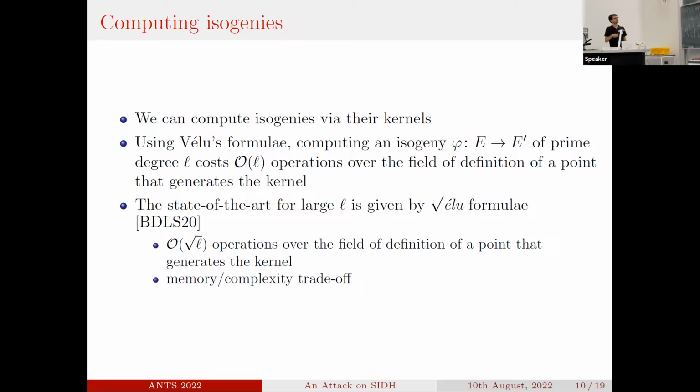But we also need to highlight that this is a memory-complexity trade-off. So if L is too big, it might be difficult to store all the points and use the square root Vélu formula.